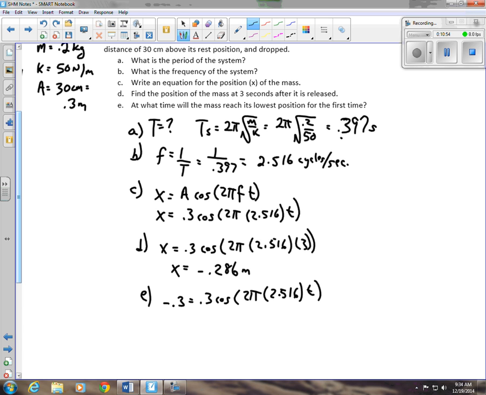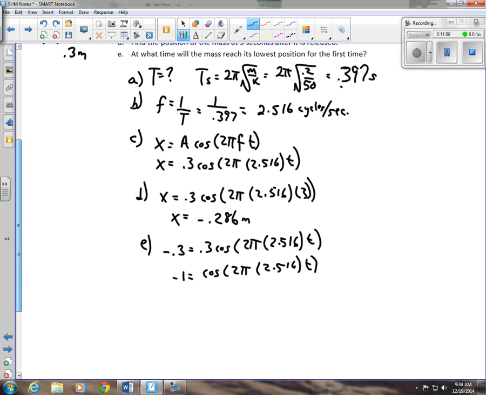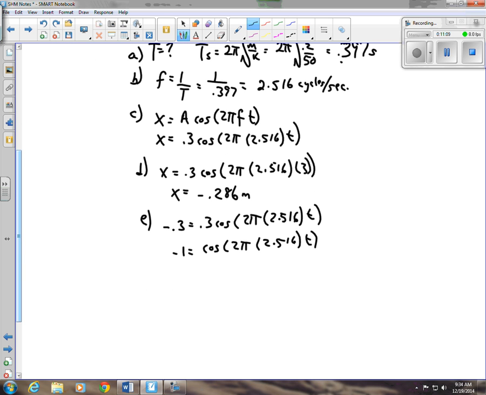If I divide by the 0.3, I get negative 1 is cosine of 2 pi times 2.516 times t. Then I would do the inverse of the cosine, and I would end up with pi equals 2 pi times 2.516 times t. If I solve this, I end up with a time of 0.199 seconds. So that's one way to get the answer.